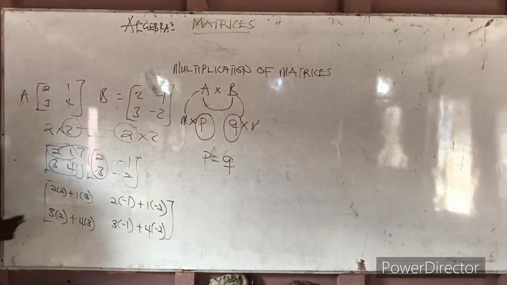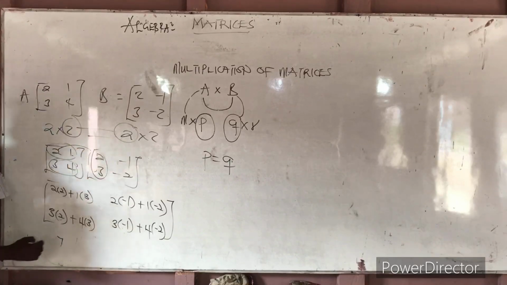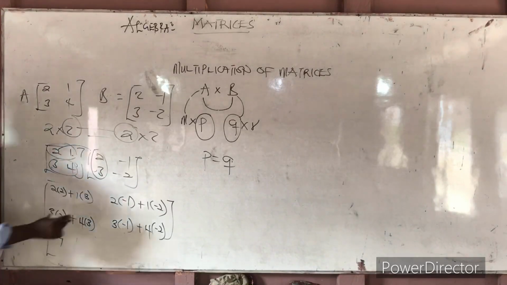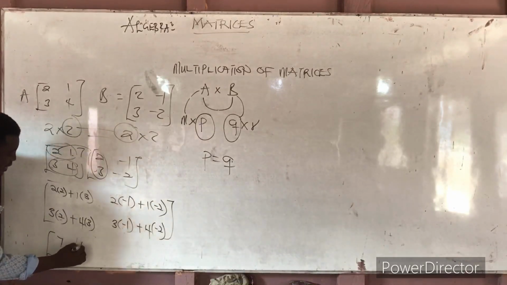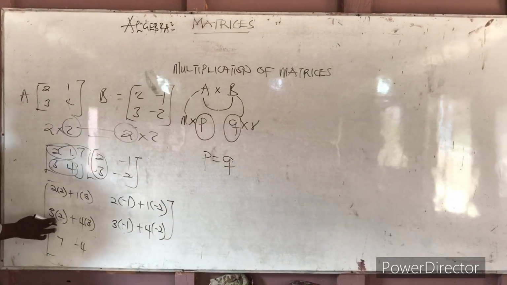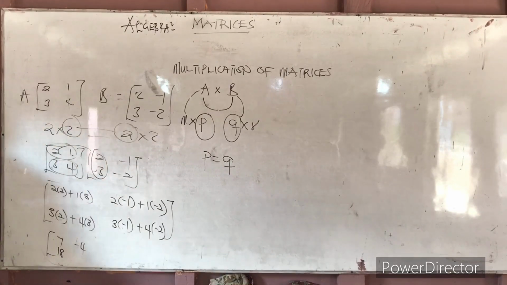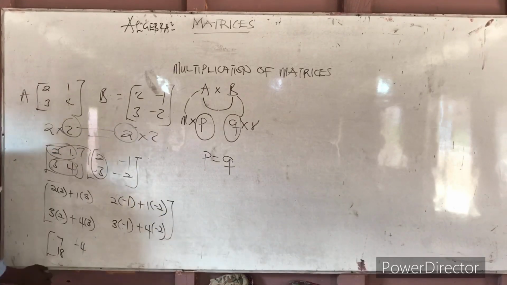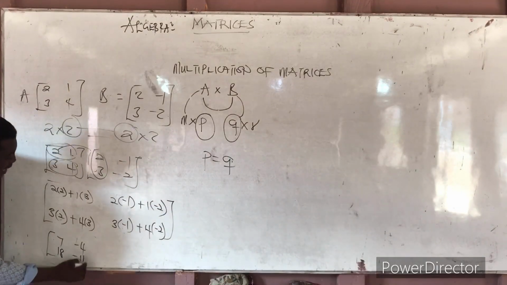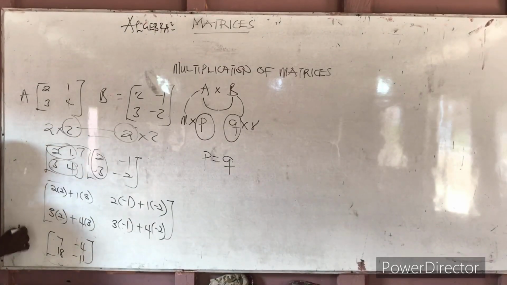So what are we getting? This is 4 plus 3, giving us 7. This is -2 plus -2, giving us -4. This is 6 plus 12, giving us 18. This is -3 plus -8, giving us -11. So this is our AB.